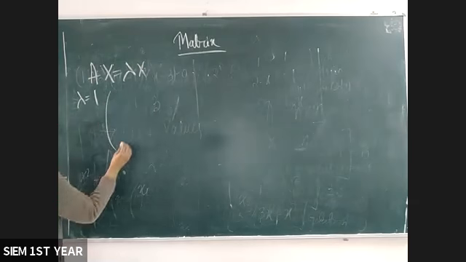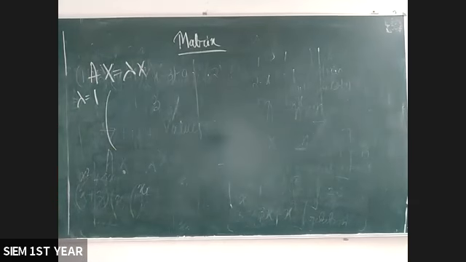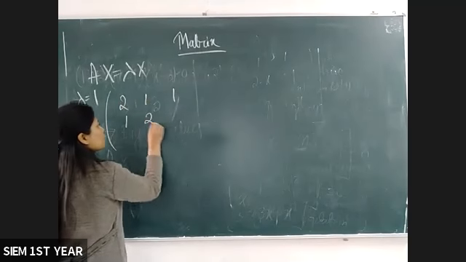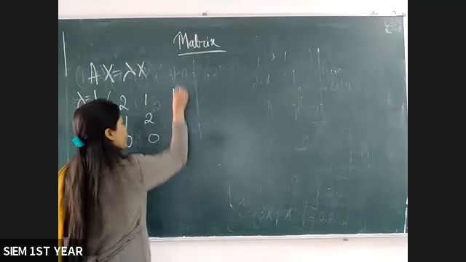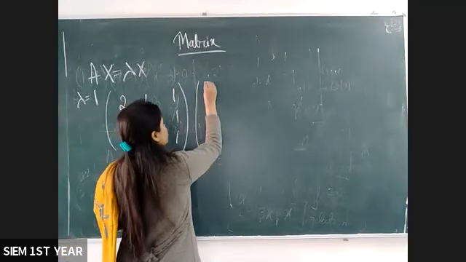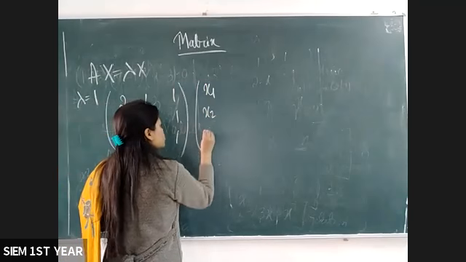So what is the matrix A? 2, 1, 1, 1, 2, 1, 0, 0, 1. This is the given matrix, times x, which means x1, x2, x3.